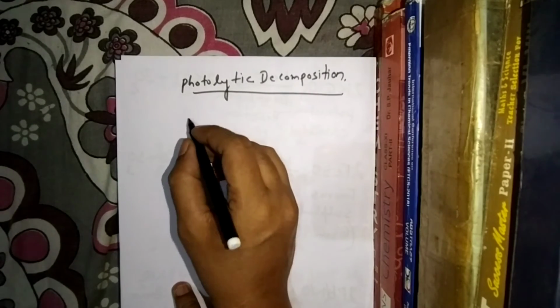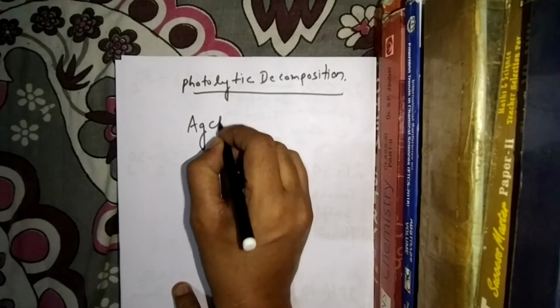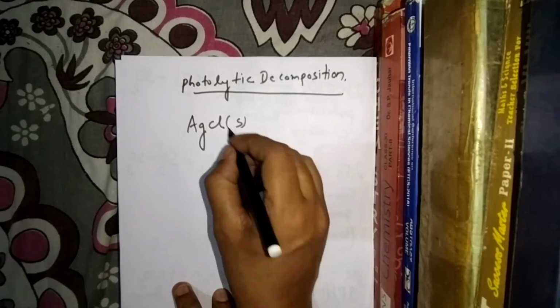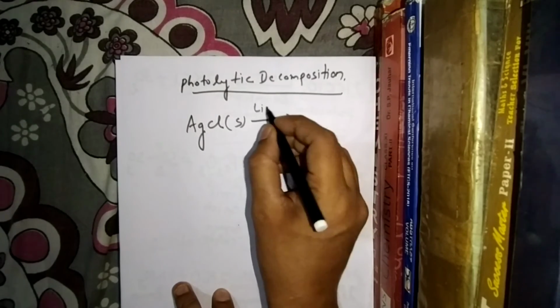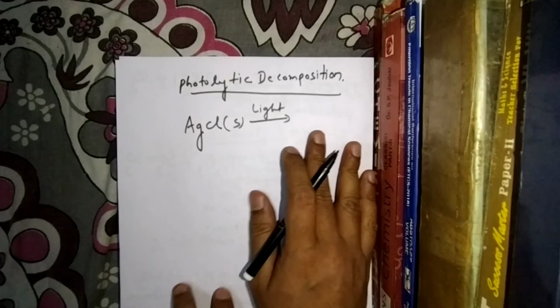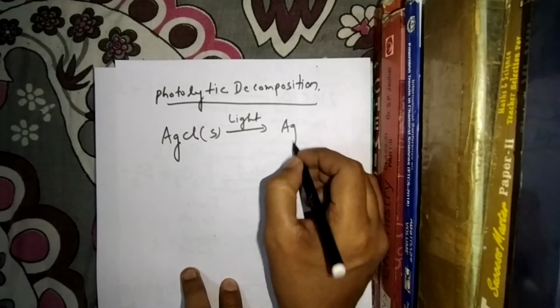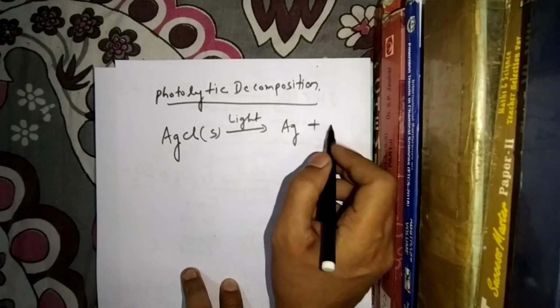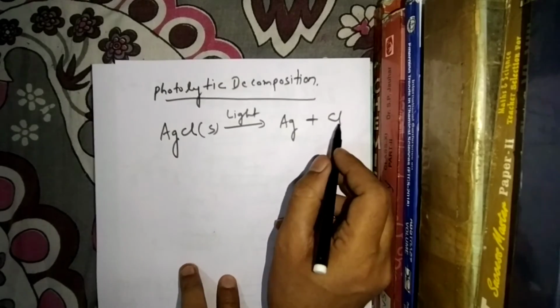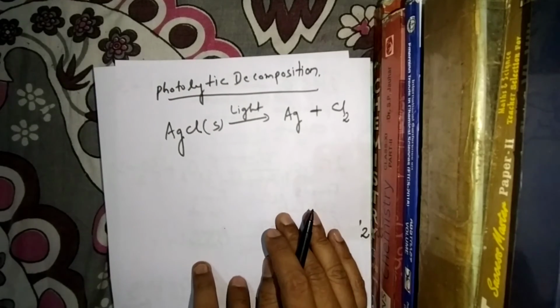For example, we will take silver chloride in solid form, and when we keep it in the presence of light, then silver chloride will decompose into silver metal and chlorine, Cl2, chlorine gas.